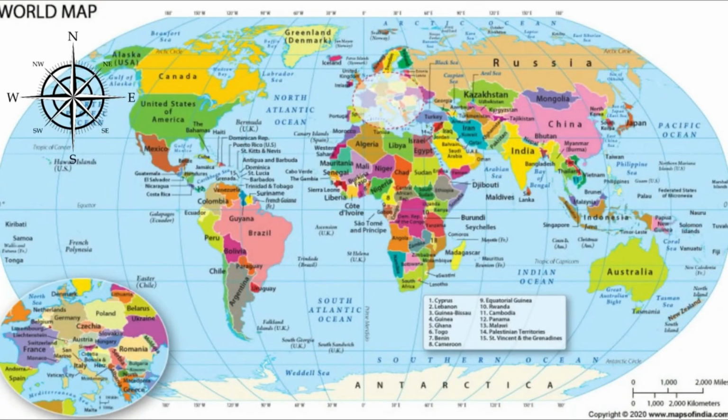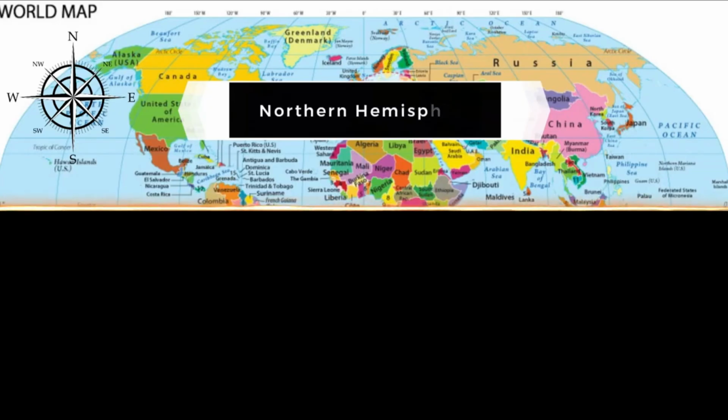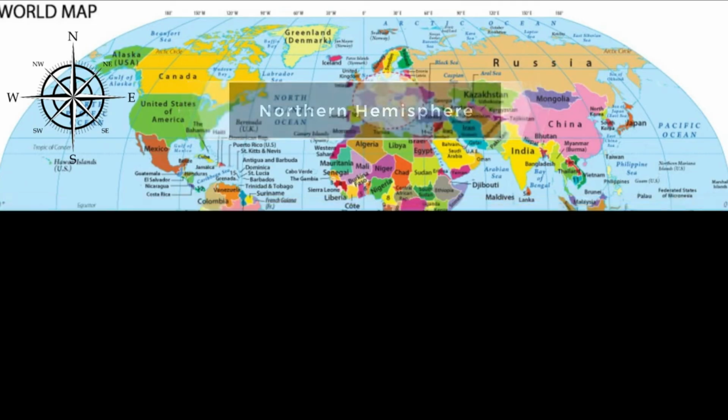Here we have our map again. Let's put up the equator and then only look at what is north of the equator. That area is called the northern hemisphere. Everything located north of the equator is in the northern hemisphere.